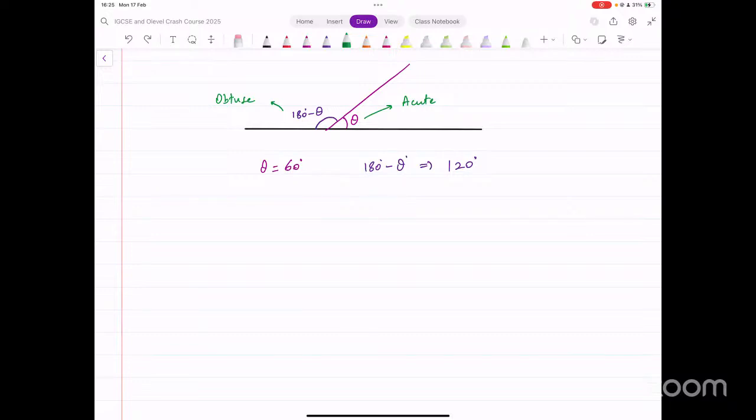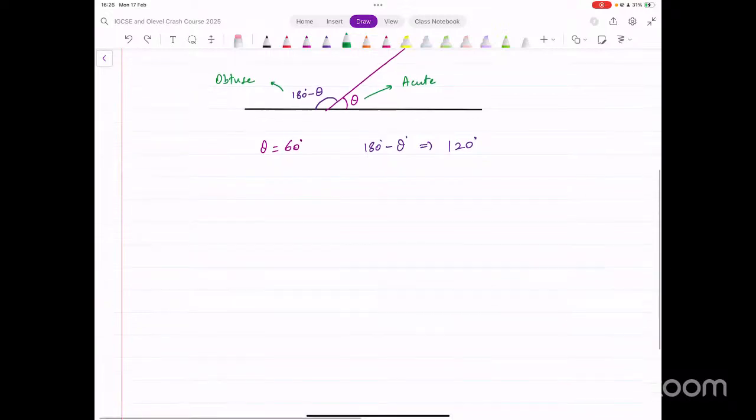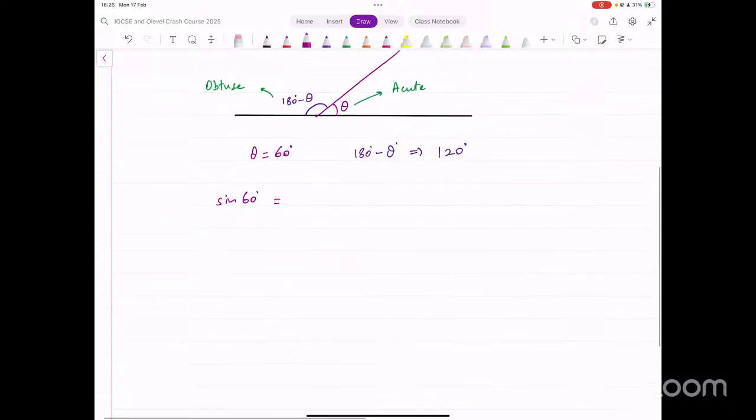Now, the sine, cos, and tan ratios of these two angles are basically connected to each other. How exactly are they connected? If you were to find sine of 60, you can try this on your calculator.